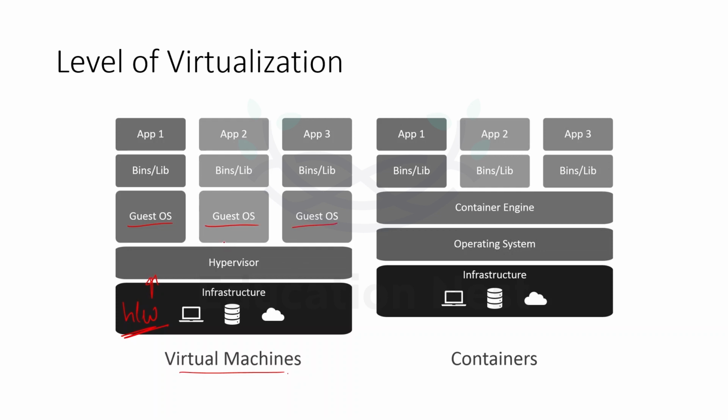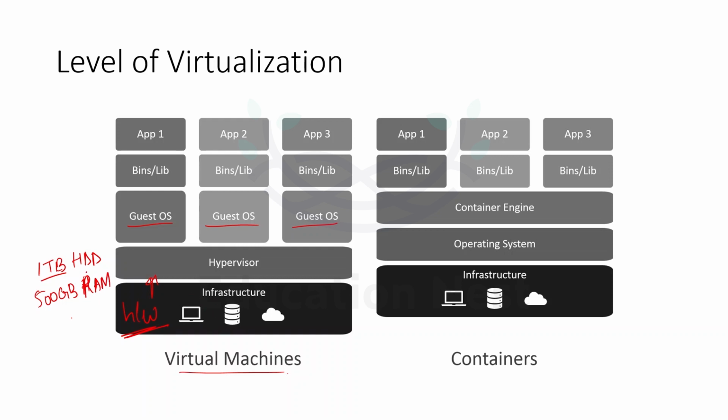Now, let's suppose that I have 1 TB of hard disk, and I have some 500 GB of RAM with me. These are just hypothetical numbers to help you understand.